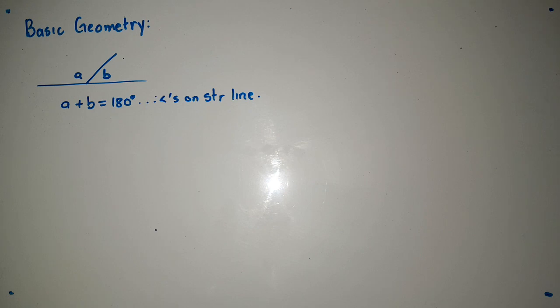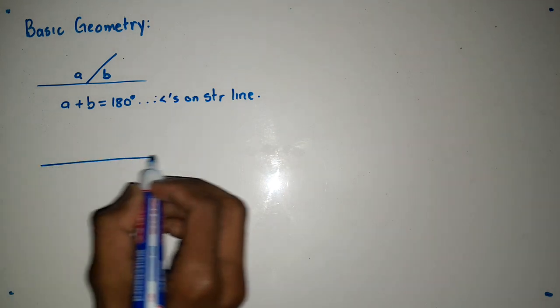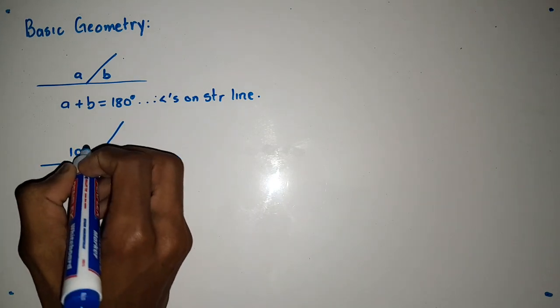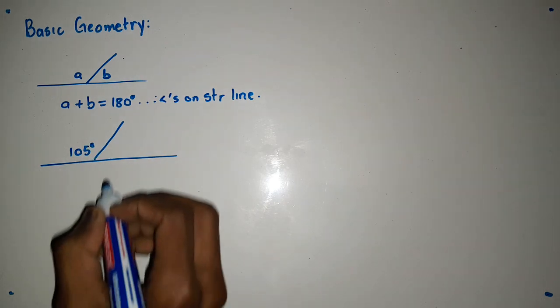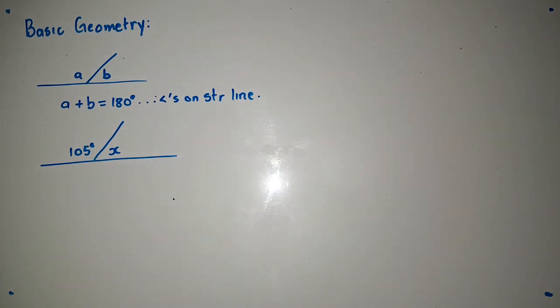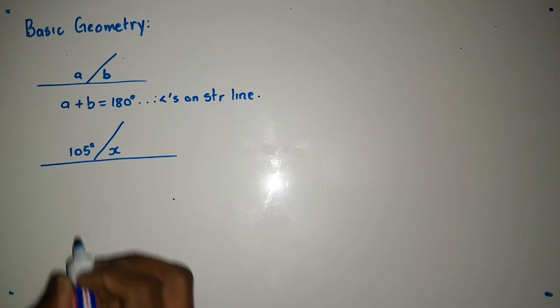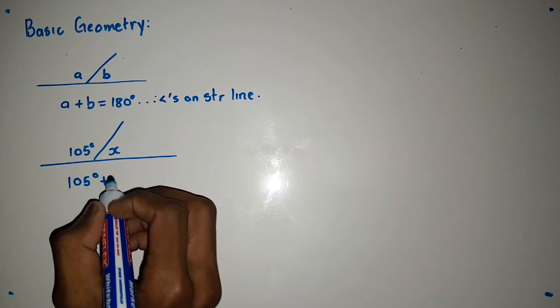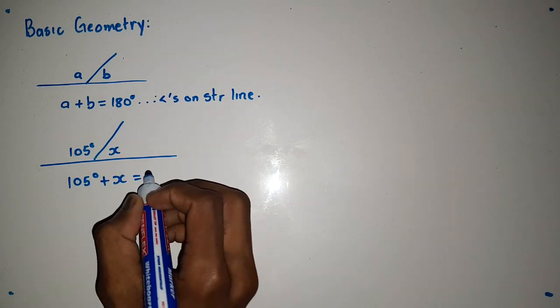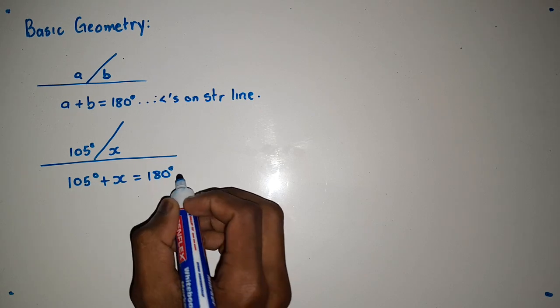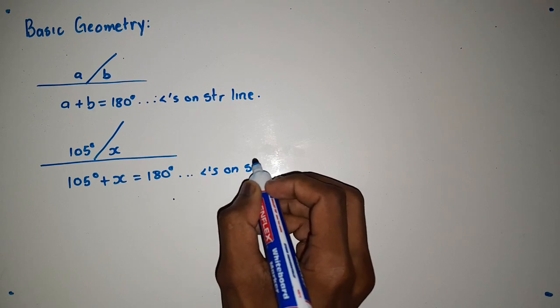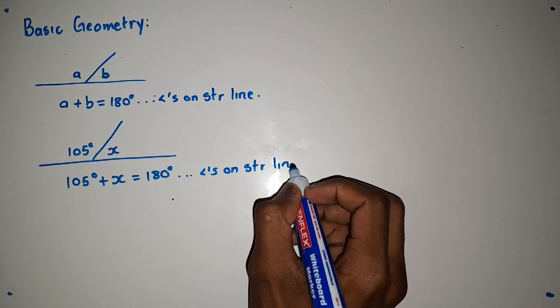Do you understand? Now, let me take some examples. Suppose I have 105 degrees over here and x here. The question says, find the value of x. You just need to say 105 degrees plus x is equal to 180 degrees, angles on a straight line.